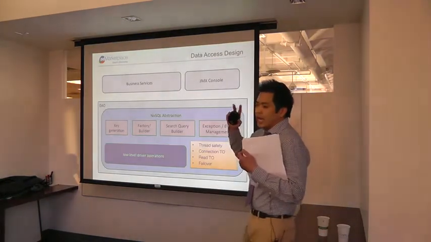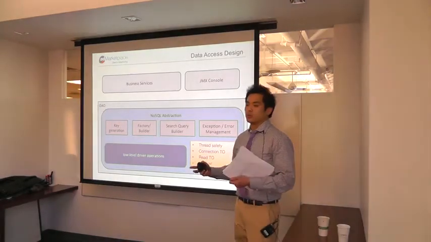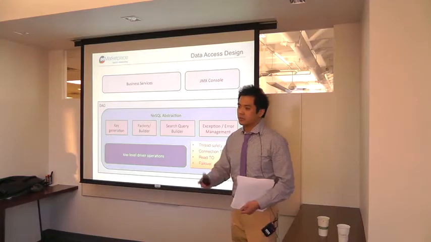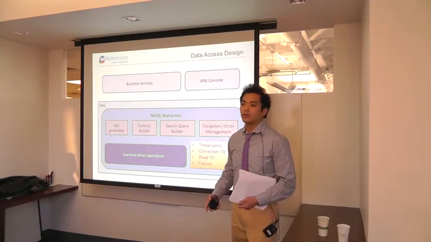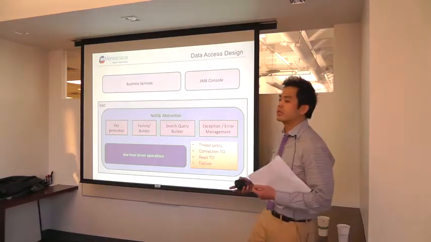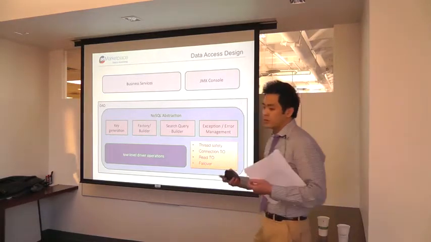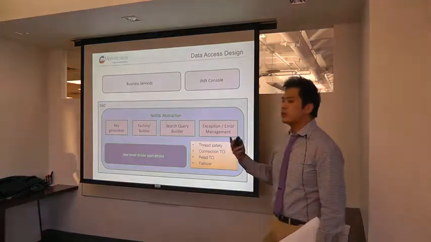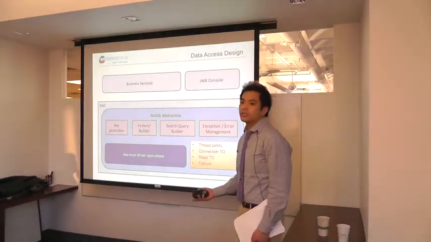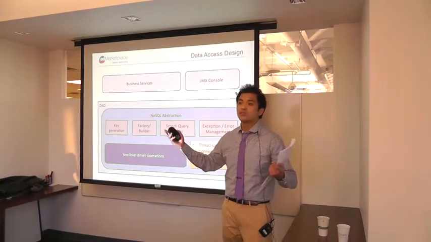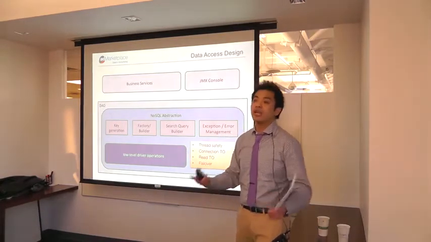So if you are going to make an effort to design a data access layer and provide this to your core business developers, here are things you want to look out for and consider. If you can find a way to abstract key generation, sometimes it could be a hash, or even a simple string concatenation, whatever it may be, abstract that from the developers.